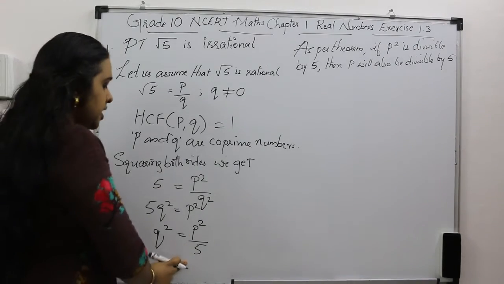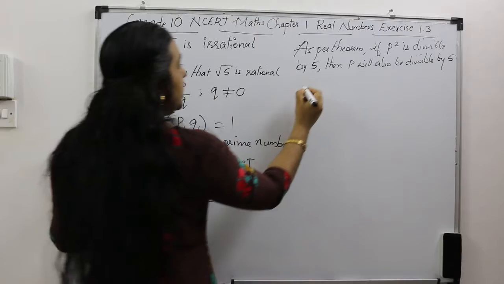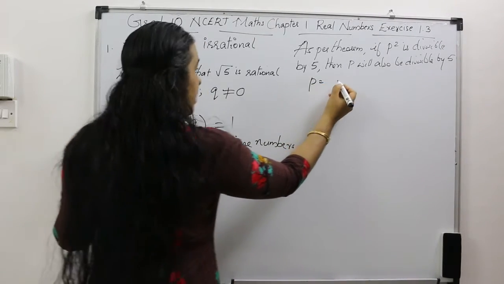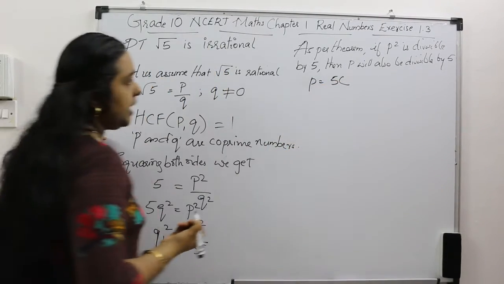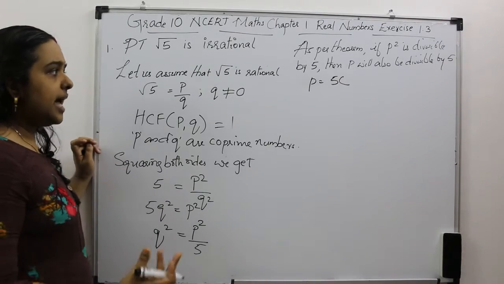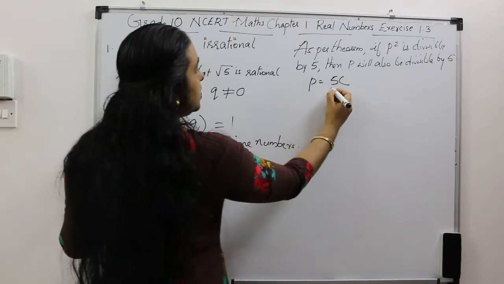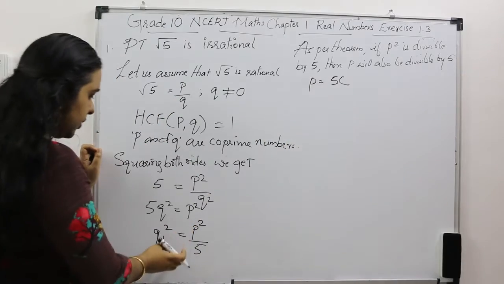So simple step. Now we are going to make a substitution: p equals 5c, where c can be any integer.